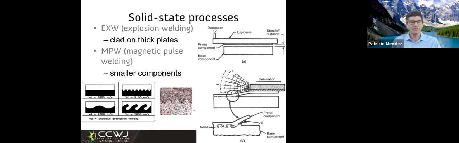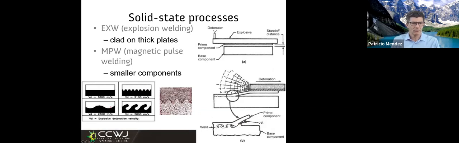Depending on the velocity of propagation of your explosion, you can have different interface patterns. And here it's 1800 meters per second. This is fast, right? It's much faster than the speed of sound in air, but it starts to become comparable with the speed of sound in the metal, right?